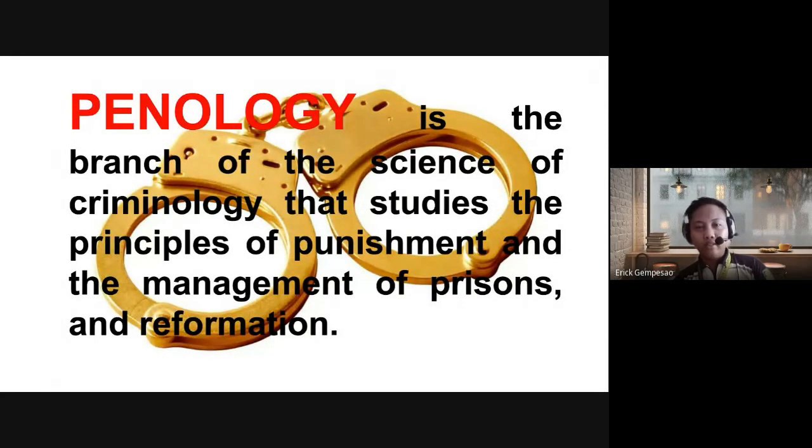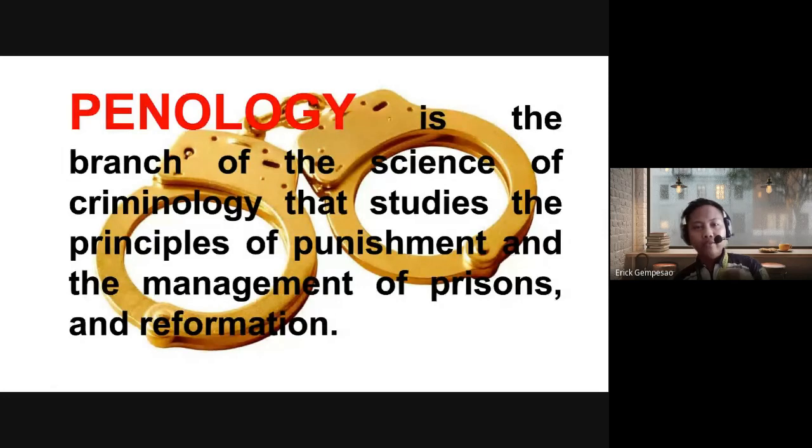It says there that penology is a branch of science. Take note of the word science, because criminology is the scientific study of crime and criminals. That's why criminology by itself is a science, a social science, a behavioral science, and even a forensic science.